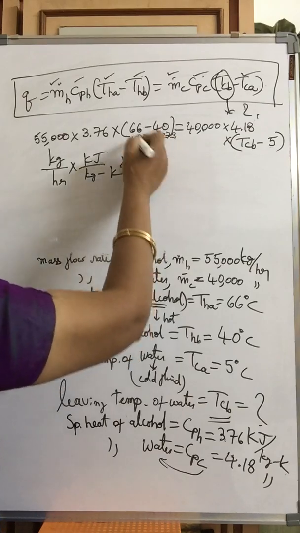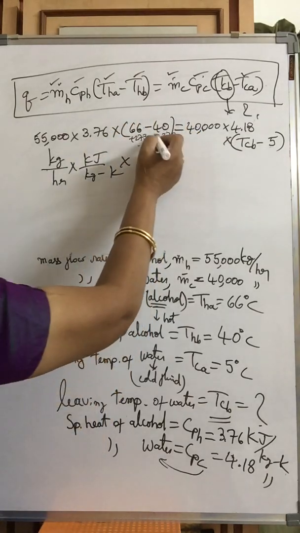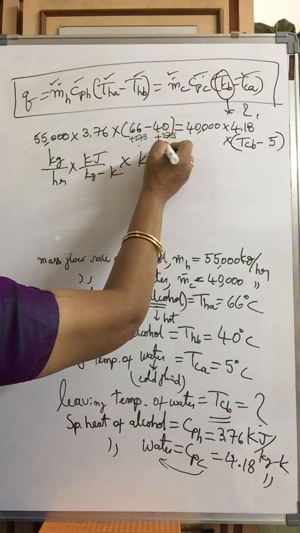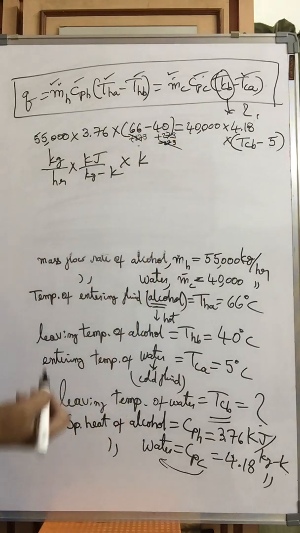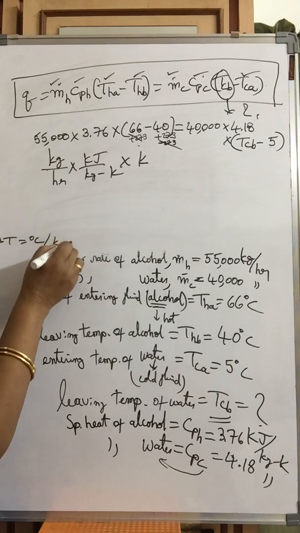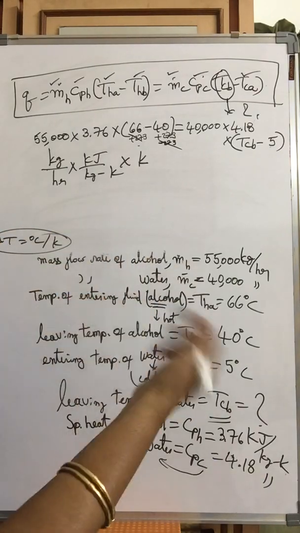So Kelvin minus Kelvin, you will have Kelvin only. Here the 273 gets cancelled. That is why delta T in centigrade or Kelvin has the same value, because you are adding and then subtracting.